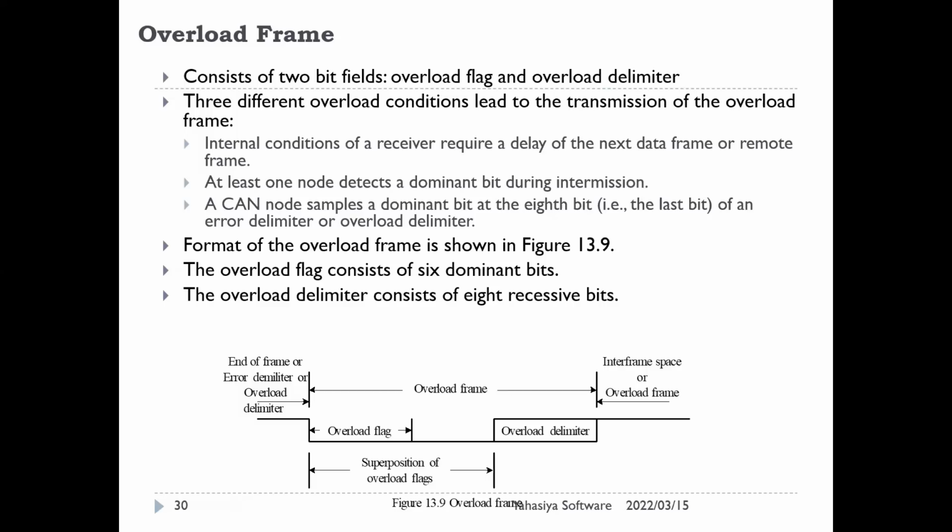Based on that, the overload frame used to have 6 dominant bits and then 8 recessive bits as a delimiter. It is also a fixed structure frame. So you won't have any dynamic data in the overload frame as well as the error frame. They used to have a fixed structure.